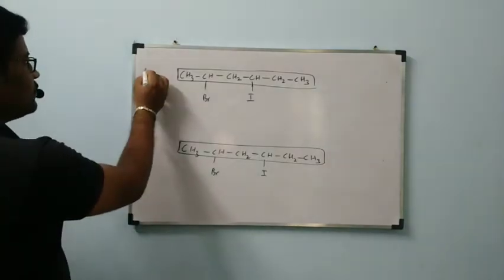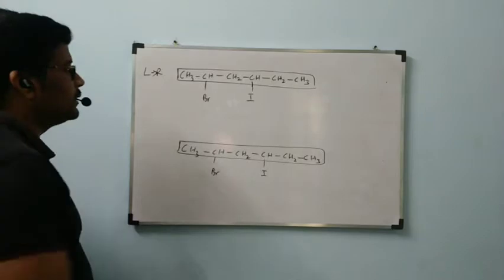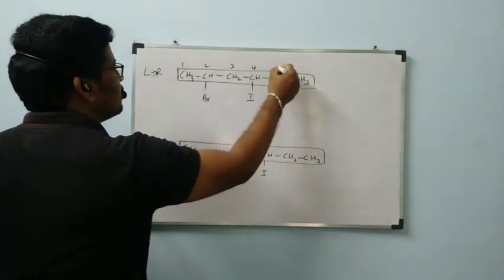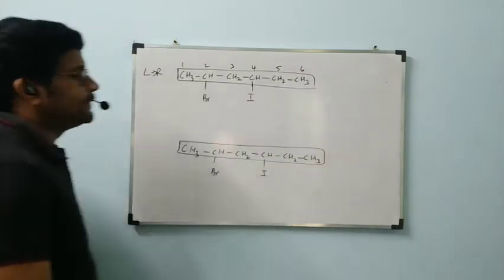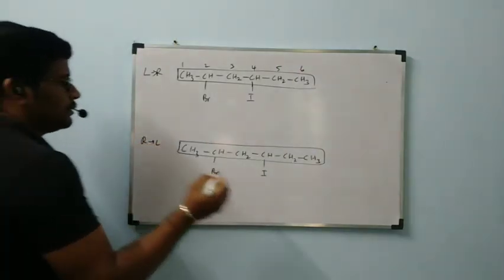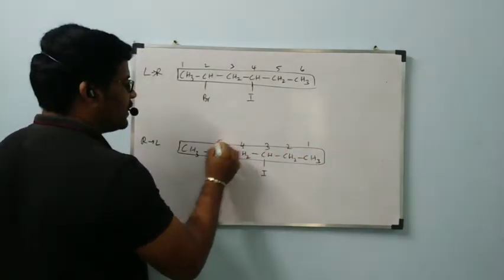First, left to right I am going to give numbering: 1, 2, 3, 4, 5, 6. Right to left next: 1, 2, 3, 4, 5, 6.